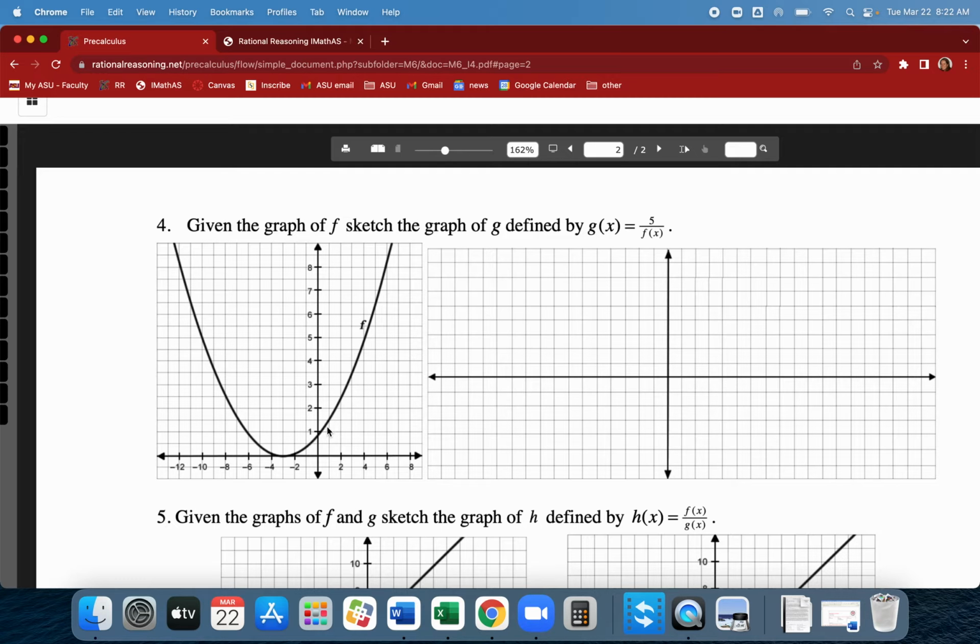If I wanted to write out g of x as a formula, I could say it's 5 over f of x, so 5 over something times (x plus 3) squared. Looking at something like this, regardless of what positive number a is, I know it's a positive number, and I know that when x gets extremely large, this is a fraction that's bottom heavy.